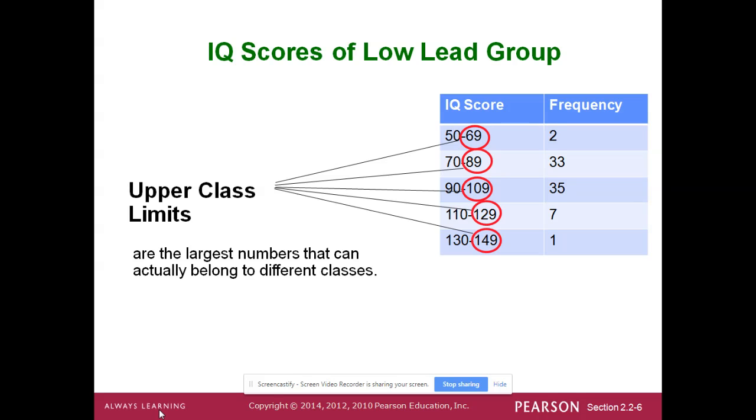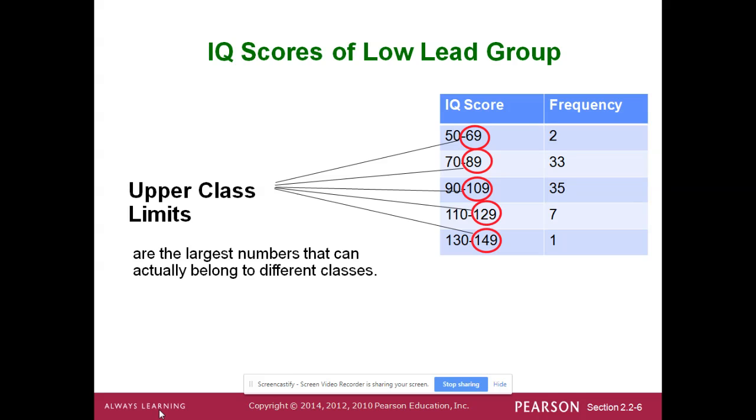IQ scores are not continuous in that you don't have a 14.2 IQ. Hopefully you all have a 100-and-something IQ. They generally do not do decimals with those. It's not that precise. So they're not continuous data, but definitely variable numbers.